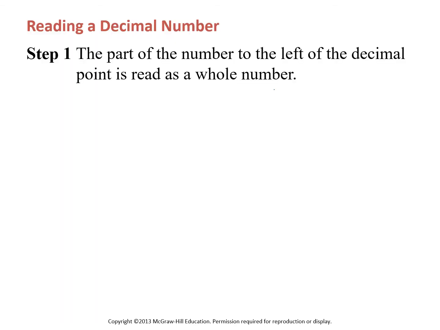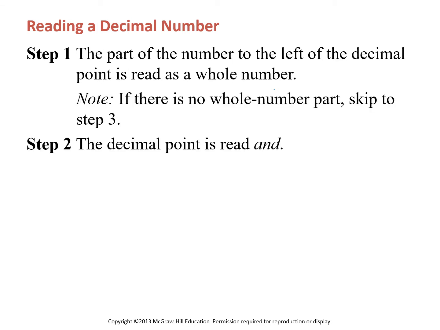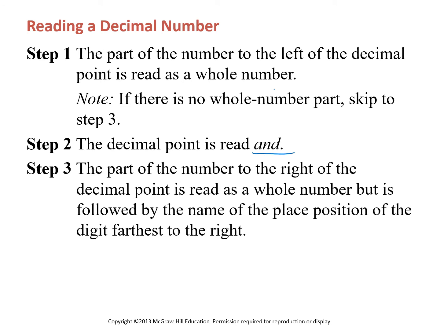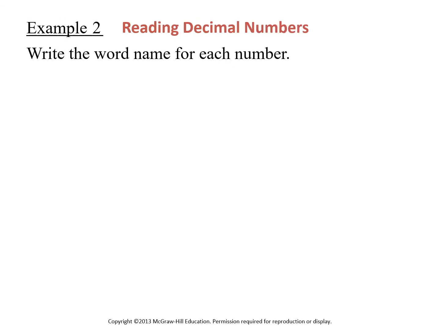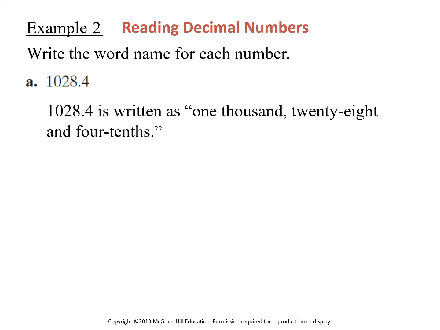So to read a decimal number, the part to the left is your whole number, and your decimal point is read as 'and.' The part of the number to the right is read as a whole number, followed by the name of the place position of the digit farthest to the right. So here we have 1028 and 4 tenths.